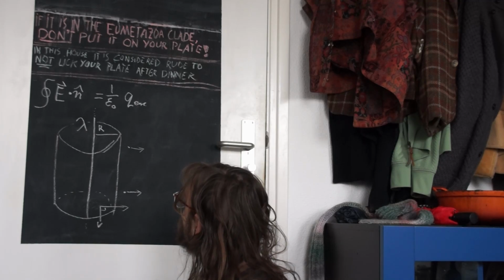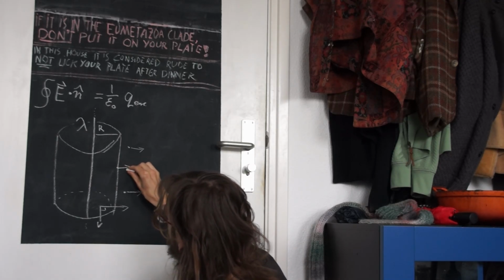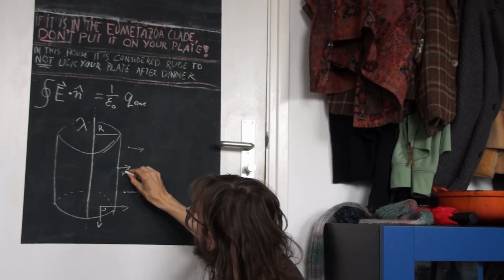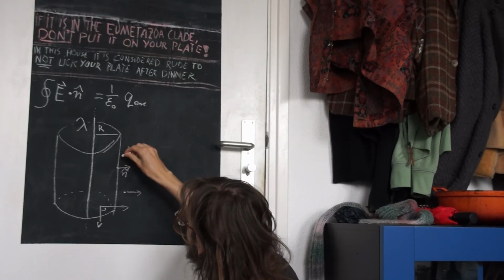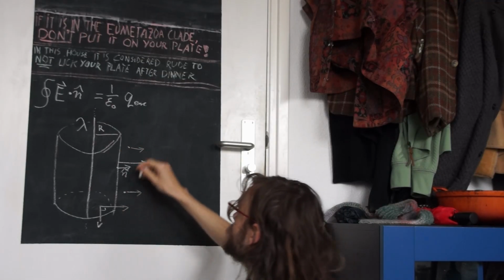There, the dot product is also very simple because the normal vector is just pointing straight out of the cylinder, in the exact same direction as our electric field.